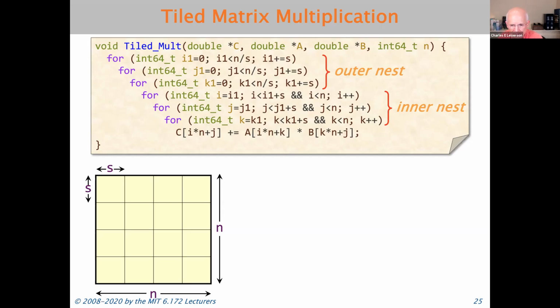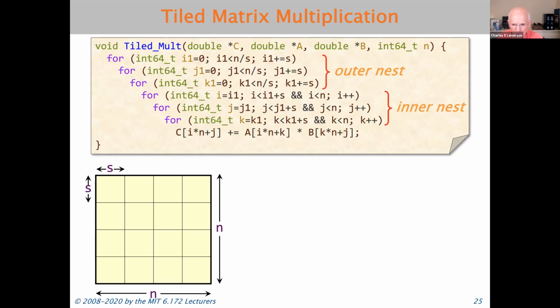So the outer nest of these loops performs matrix multiplication using the tiles as elements, and the inner nest performs matrix multiplication on individual tiles using the actual elements. You can see the outer nest uses indexes I1, J1, and K1, which move in increments of S. So those indexes always refer to the upper left-hand corner of a tile.